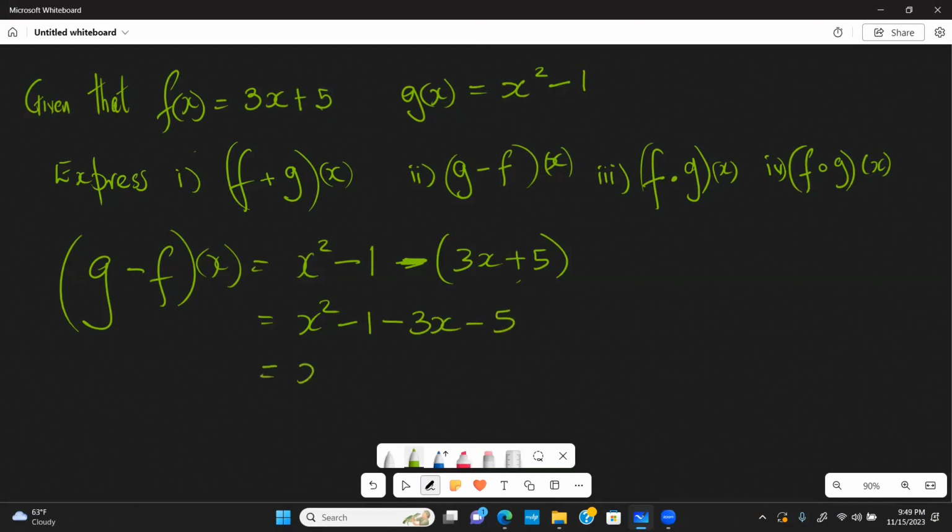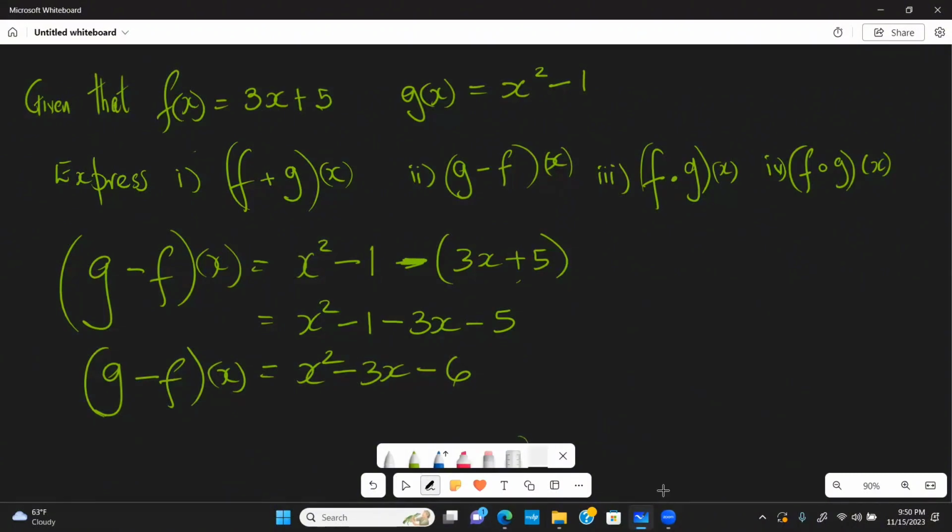So in this case, it is x squared minus 3x. Negative 1 and negative 5 will give me negative 6. So in conclusion, g minus f of x is equal to x squared minus 3x minus 6.